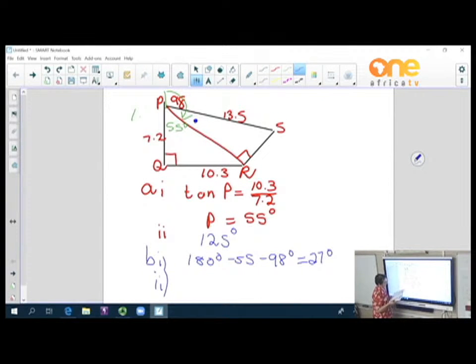And then they say angle PRS is 90 degrees. Calculate the distance RS. So this is a right angle triangle again that I'm using. I know that this angle is 27 degrees. Which function will I be using? Sine. So sine 27 degrees is then equal to RS over 13.5, which is the hypotenuse then there.